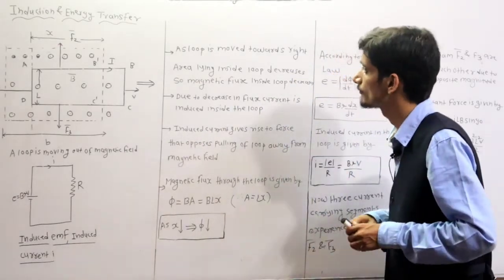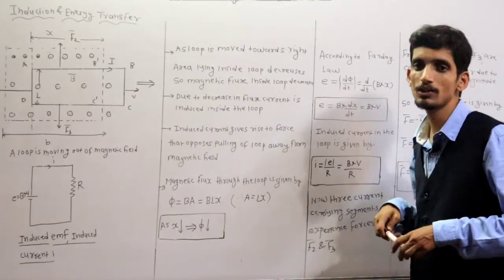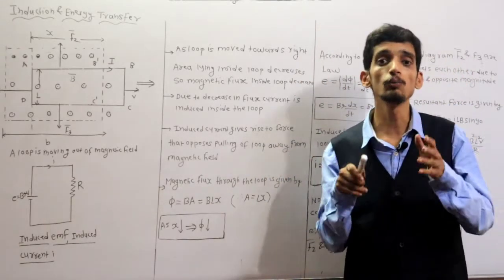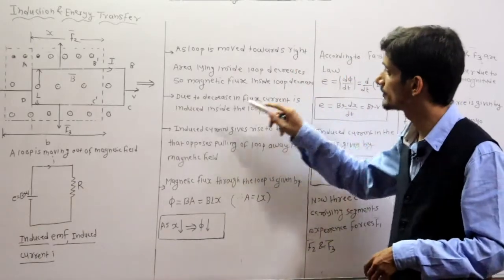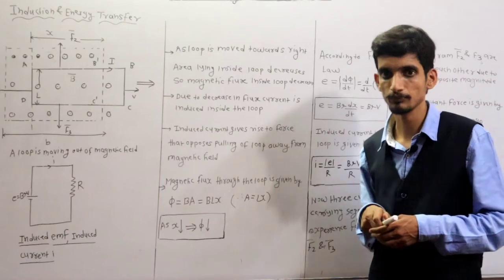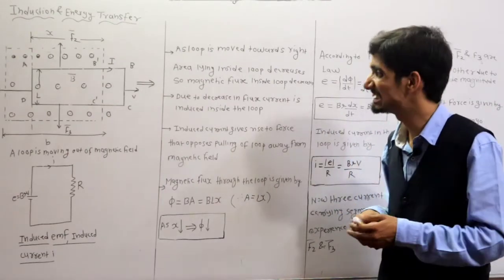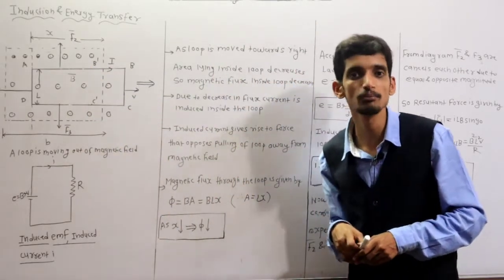Now as the loop is moved towards the right, the area which lies inside the loop decreases. What is the reason behind that?